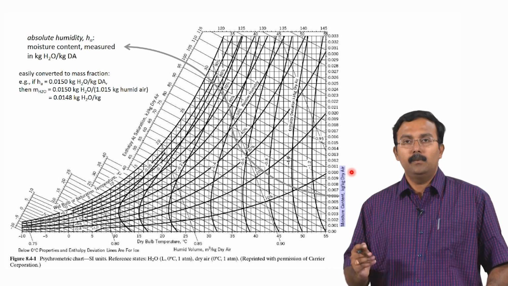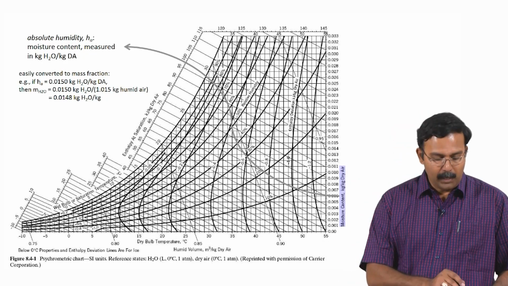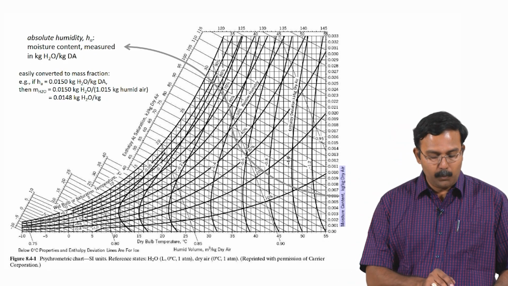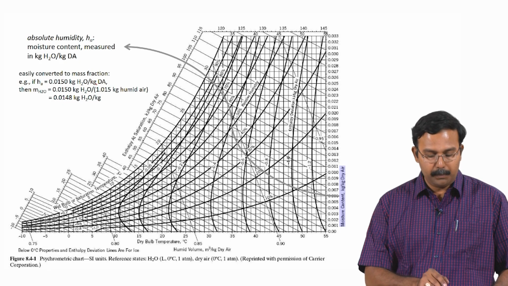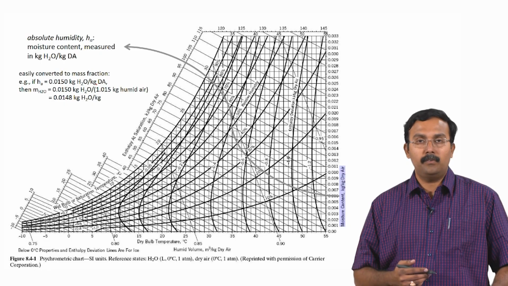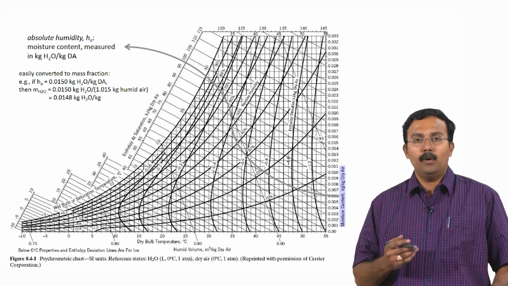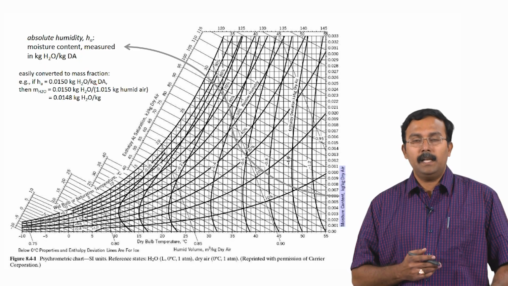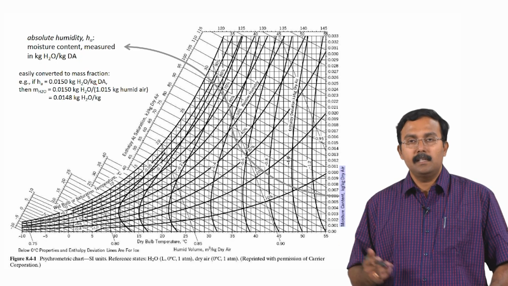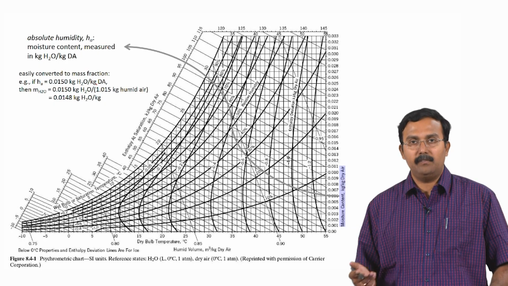Here we are looking at the mass of water vapor which is present per kilogram of dry air. If you have an absolute humidity of 0.015 kilograms of water per kilogram of dry air, then the total mass of the humid air would be 0.015 plus 1 kilogram of dry air, giving you 1.015 kilograms.